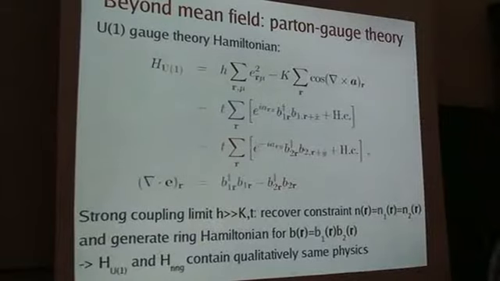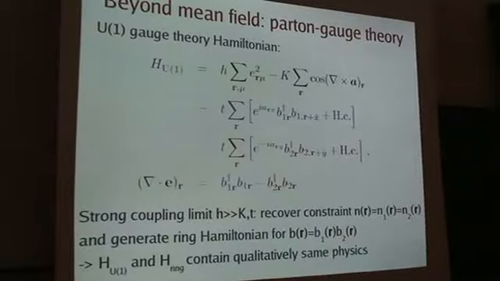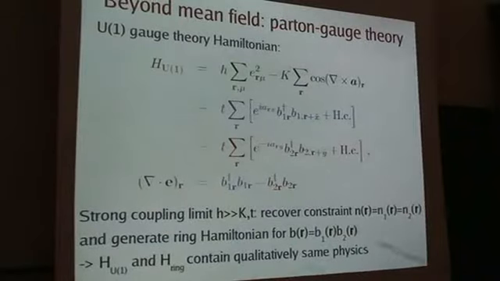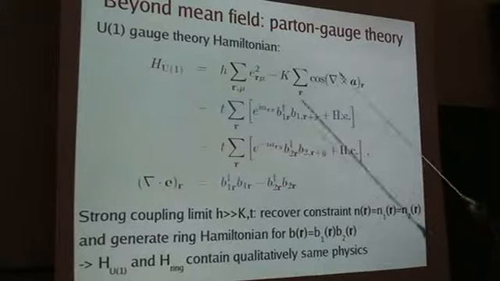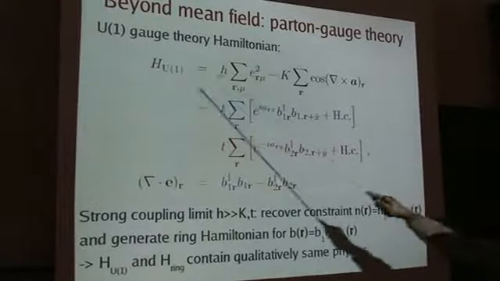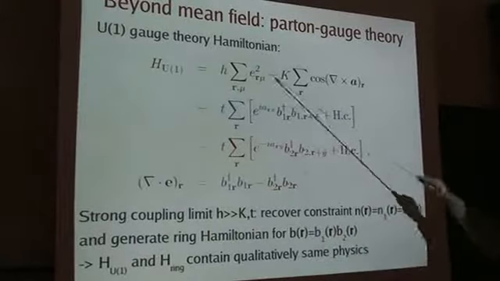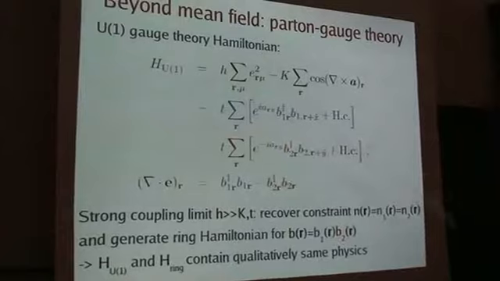There is also an emergent low energy field which looks like a gauge field. And there are different ways of deriving this. So here, let me justify this by starting with some formal lattice U(1) gauge theory.